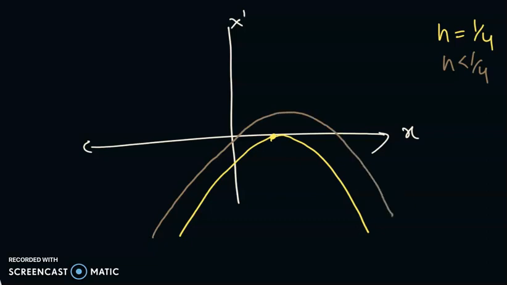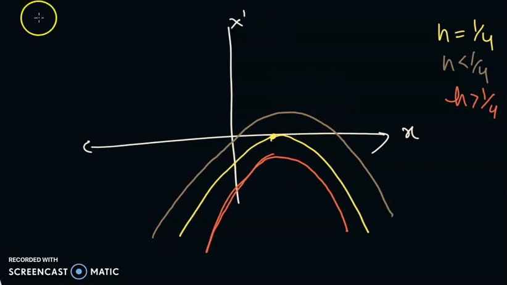When h is greater than 1 by 4, there are no equilibrium points, and the flow can also be constructed over here.